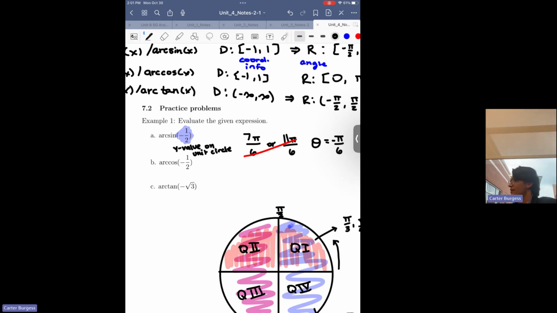Yeah, which would be the same as negative pi over 6. Yep. And notice that it gave you -30 rather than 330, which is exactly why.